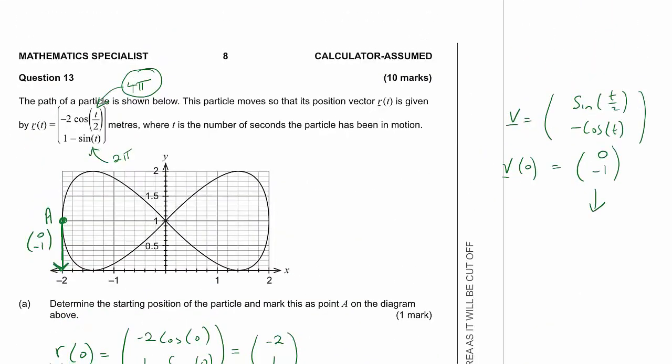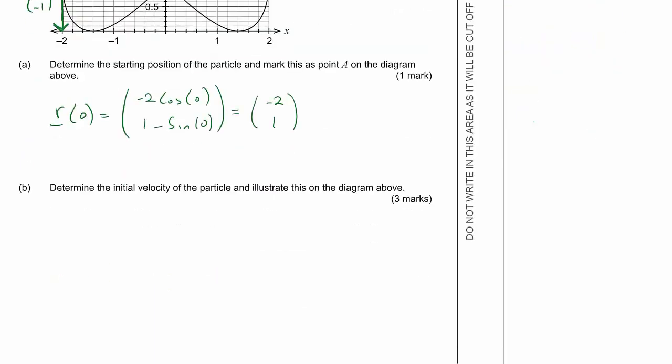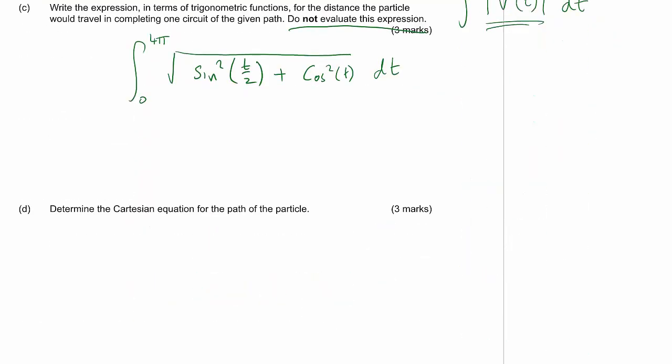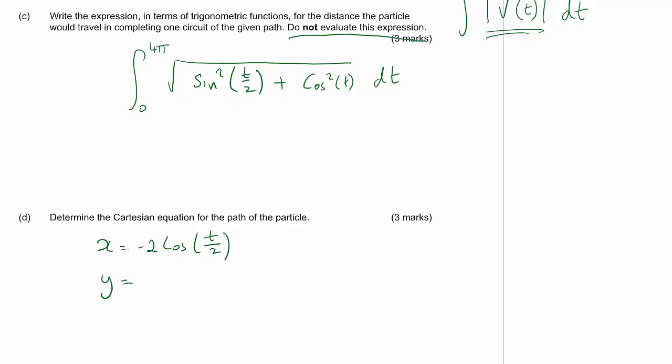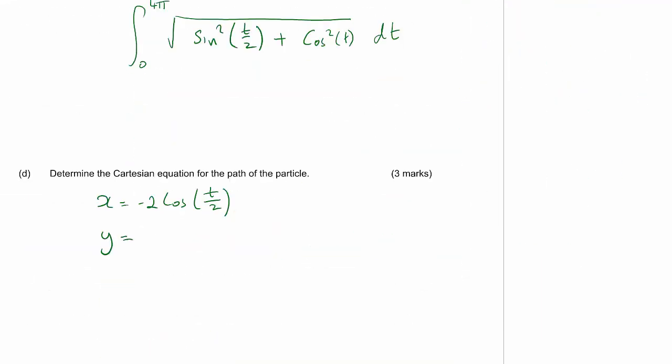Now in the last part there, it said determine the Cartesian equation. So we've got x is equal to -2 cos t over 2, and y is 1 minus sine t.